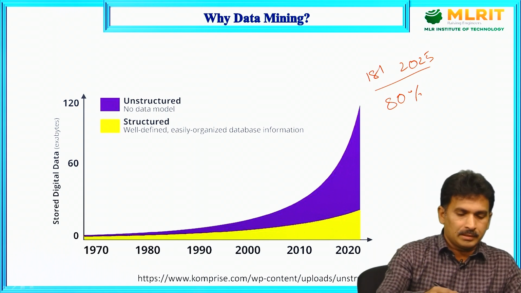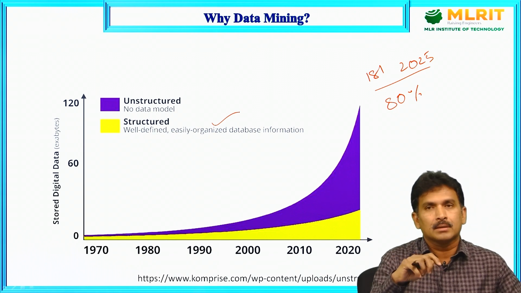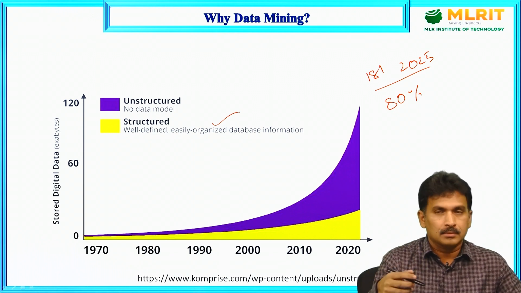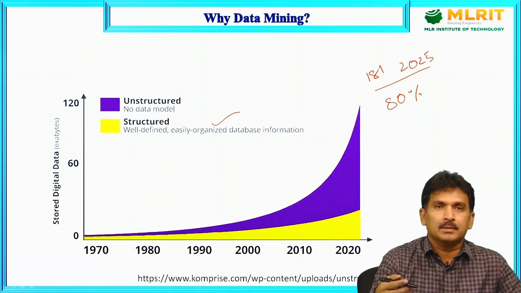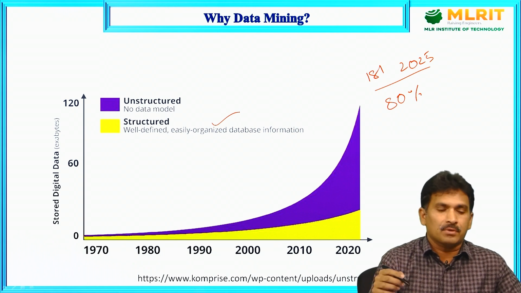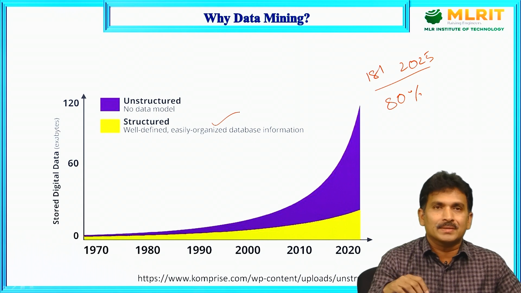Earlier we used to have structured data, which is completely organized. Let us take an example, a table in SQL: a student table, course table, faculty table, or department table. That information is organized in the form of rows and columns, so it is easy to process.